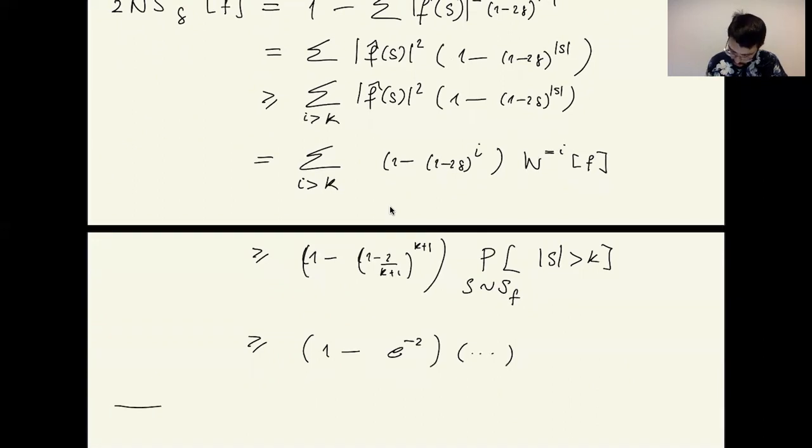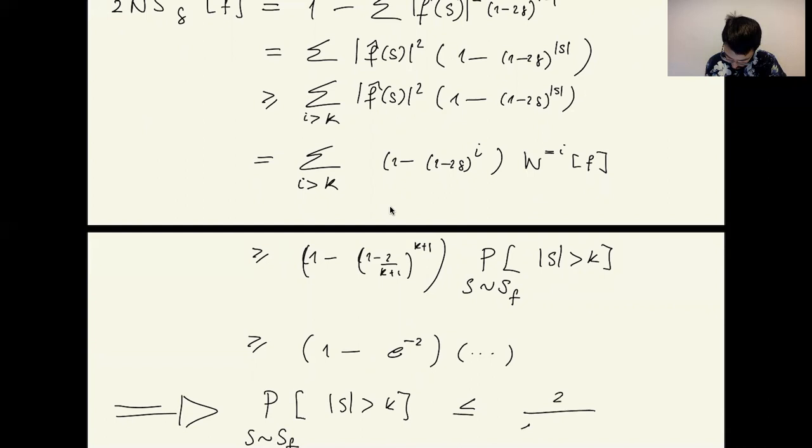And so we conclude what we wanted. We conclude the probability S of F is less or equal than 2, 1 over A minus 2, noise stability 1 over K plus 1 of F, which one we wanted.